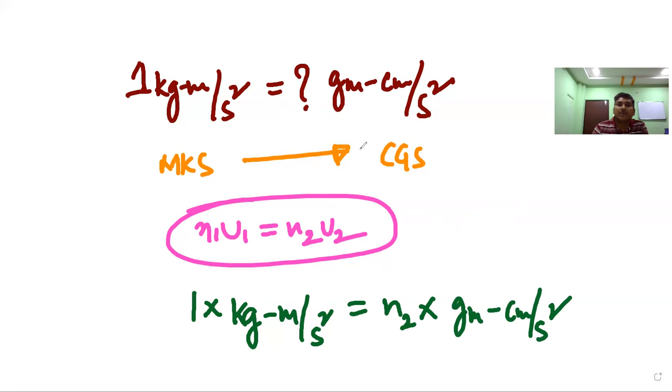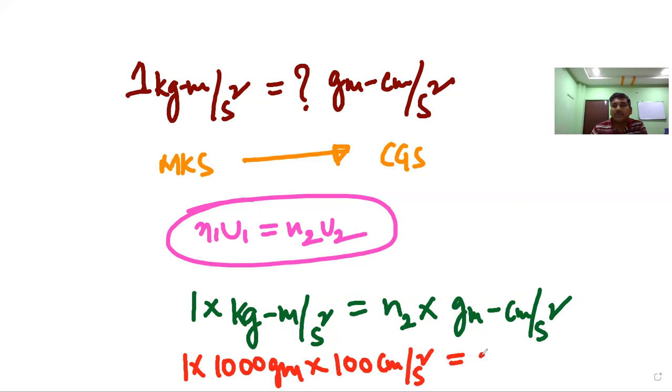Clear? Now observe. 1 into 1 kg is how many grams? 1000 grams. And 1 meter is how many centimeters? 100 centimeters per second square, which is equal to N2 into gram centimeter per second square. Be careful, these are not minuses, these are hyphens.